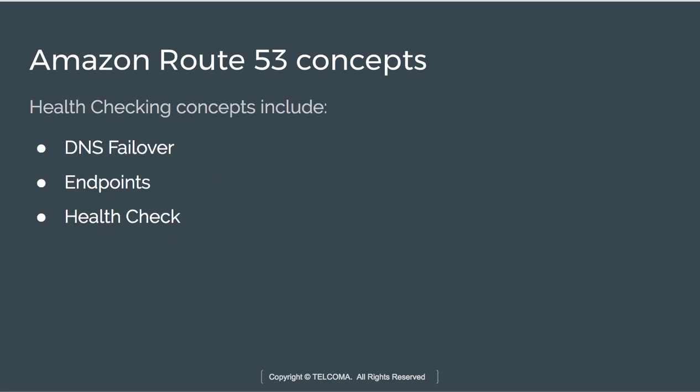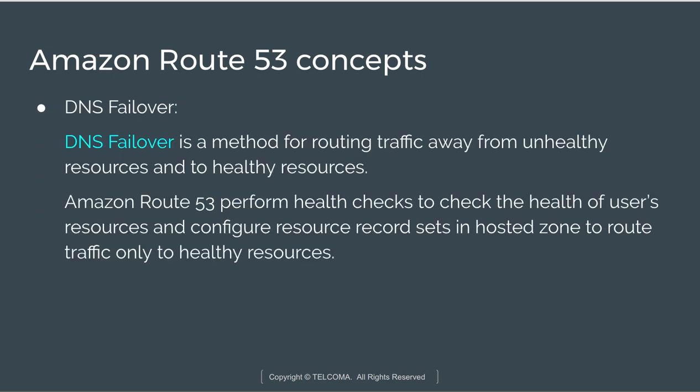Health checking concepts include DNS failover, endpoints and health checks. DNS failover is basically a method for routing your traffic away from unhealthy resources to healthy resources. Suppose we have five resources out of which one is unhealthy. We can route the traffic of the unhealthy one to the healthy ones.